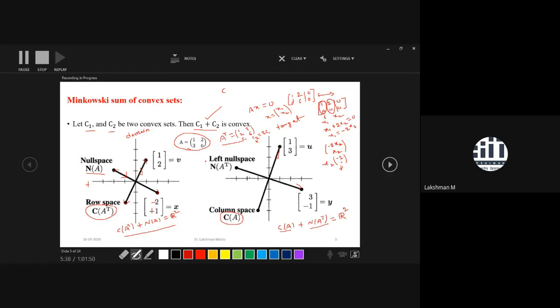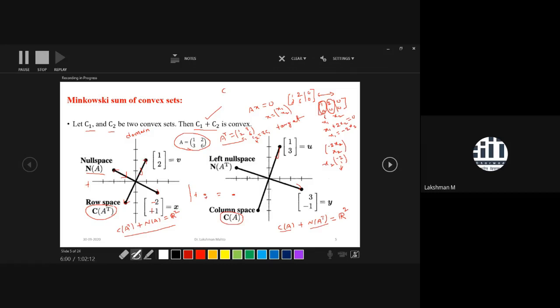Similarly, there are many ways to define Minkowski sum. If you take a line and a point and sum them, what will you get? You have just shifted the terminal point, and your resultant line will start from this point.